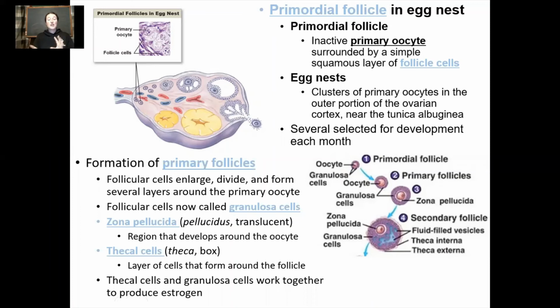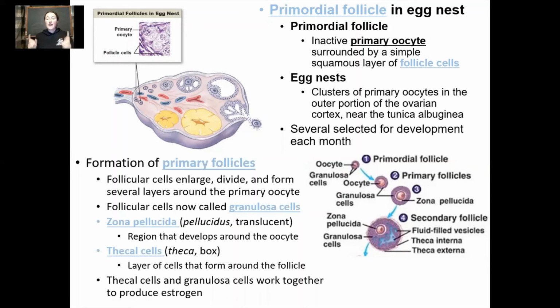develop, or the name changes when those really flat single layer of cells start getting a little bit fatter. Okay, so they're going to blow up with lots more cytoplasm within them, so they're going to look a lot more cuboidal instead of squamous. Okay. When the shape changes, these cells surrounding the oocyte are going to be called granulosa cells.